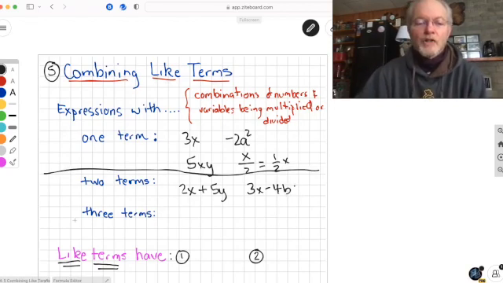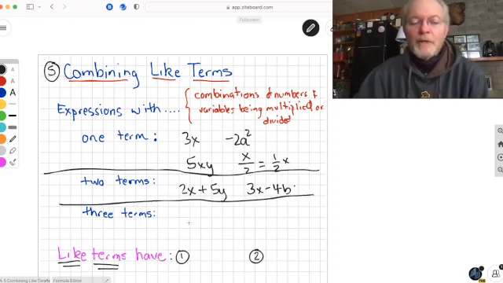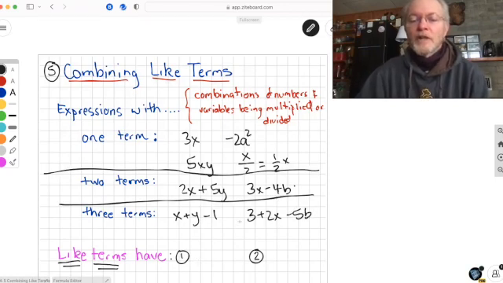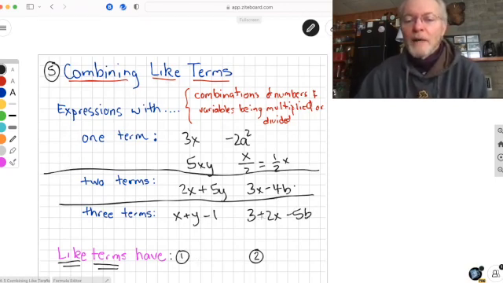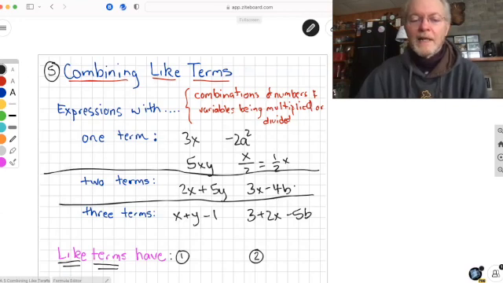These are expressions that have two terms. Three terms, examples might be x plus y minus 1 or 3 plus 2x minus 5b. So you can see that the terms are always separated by either a plus or a minus sign.